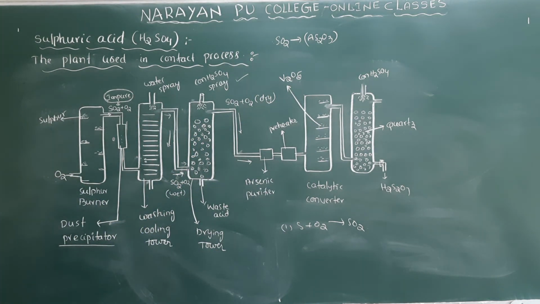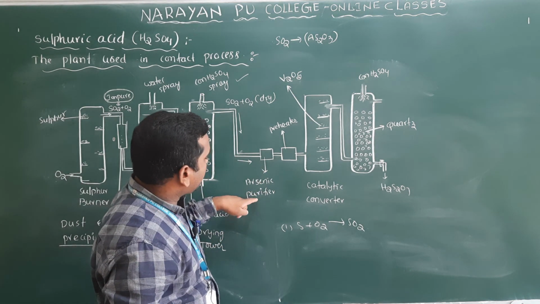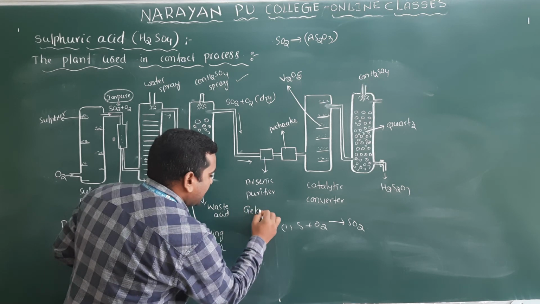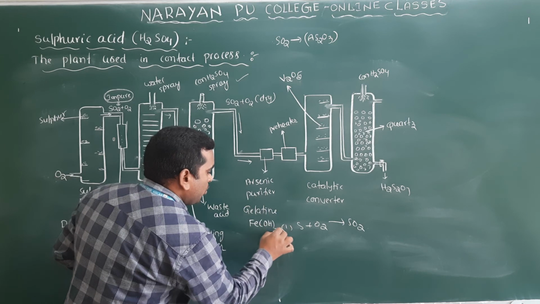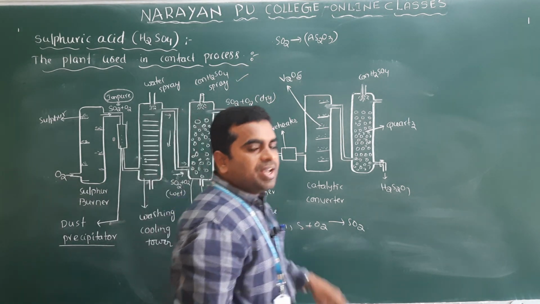So we have to remove it, and that's why we use the arsenic purifier. Mainly gelatinous ferric hydroxide is used to remove As2O3, which is an impurity in SO2.